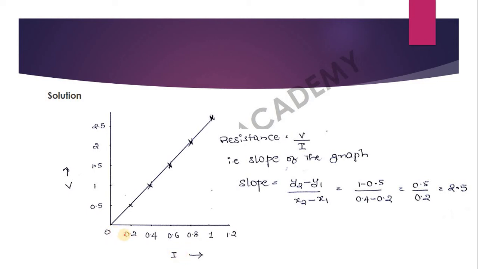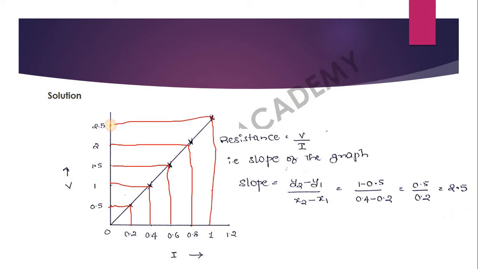Then plot the values: at current 0.2 the voltage is 0.5, at 0.4 it is 1, at 0.6 the value is 1.5, at 0.8 the value is 2, and at current equal to 1, the voltage is equal to 2.5.